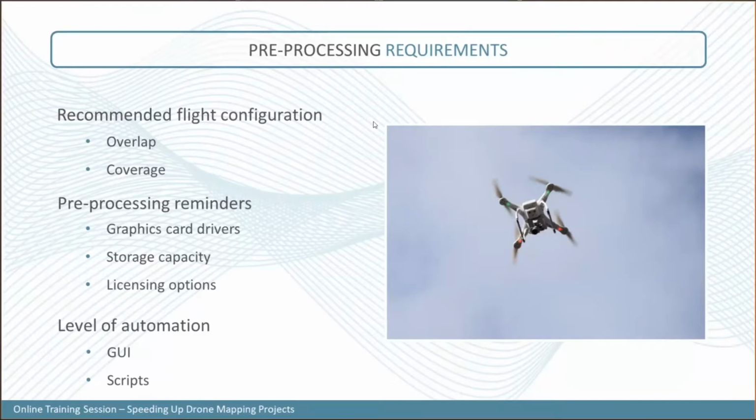Let's say if you're trying to map a dense forest, sometimes raising the overlap just a bit may help for the 3D reconstruction because you're going to have more redundancy in your block, and this redundancy will help to find common features, so tie points between the images, and have a nice reconstruction of your photogrammetric block.